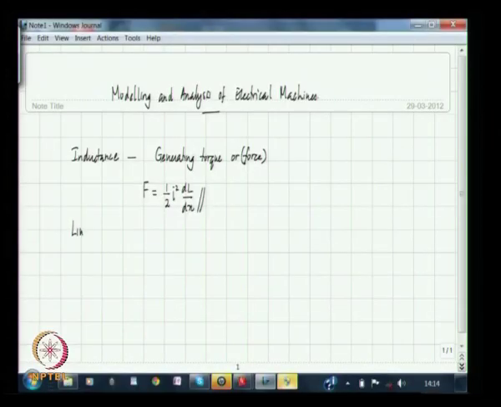So from the linear motion system, we went to the rotational systems, and in the rotational system we then moved on to a 4 coil system, that is 2 on stator and 2 rotor coils.